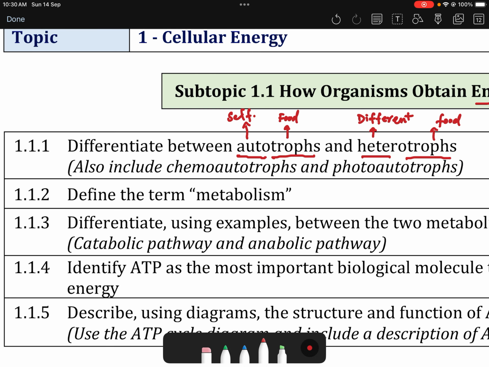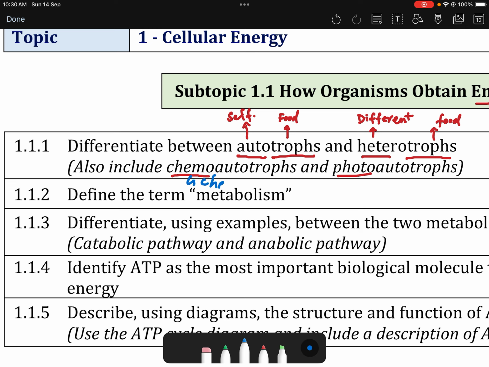So autotrophs are the organisms who obtain their food by themselves, who make their food by themselves, who have the ability to get energy by themselves. But heterotrophs are the ones who eat or hunt or prey on other organisms for getting energy. Also include chemoautotroph and photoautotroph. So we need to learn the meaning of chemo over here.